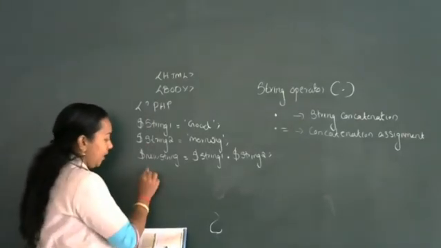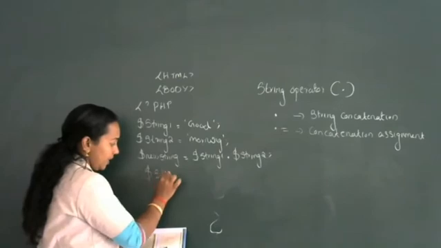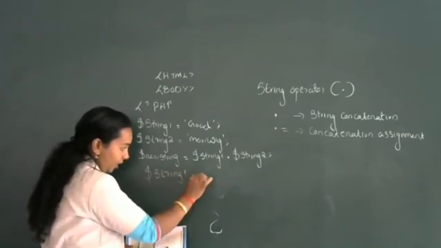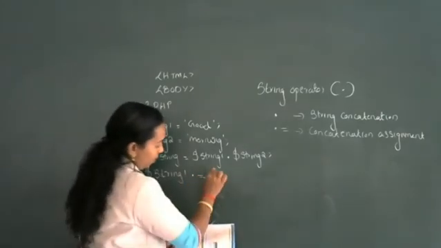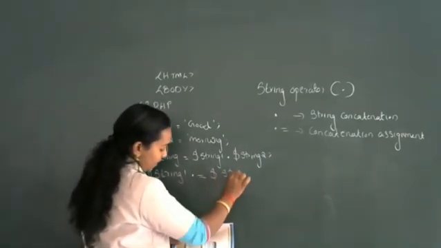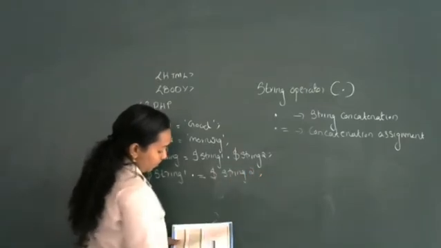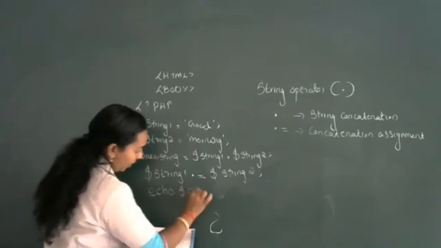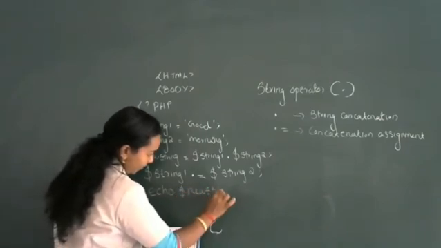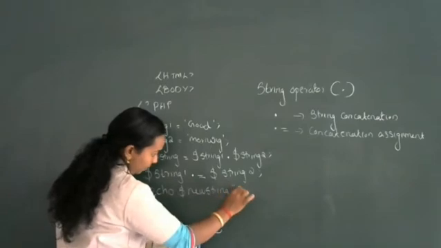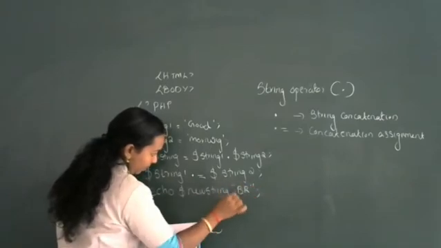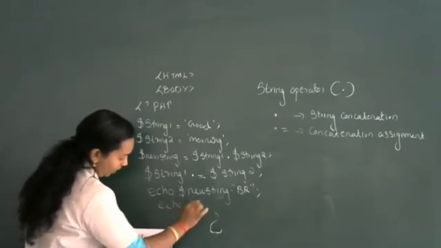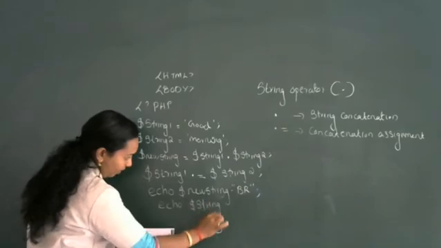Then $string1 .= $string2. Then echo $newstring, br, echo $string1.